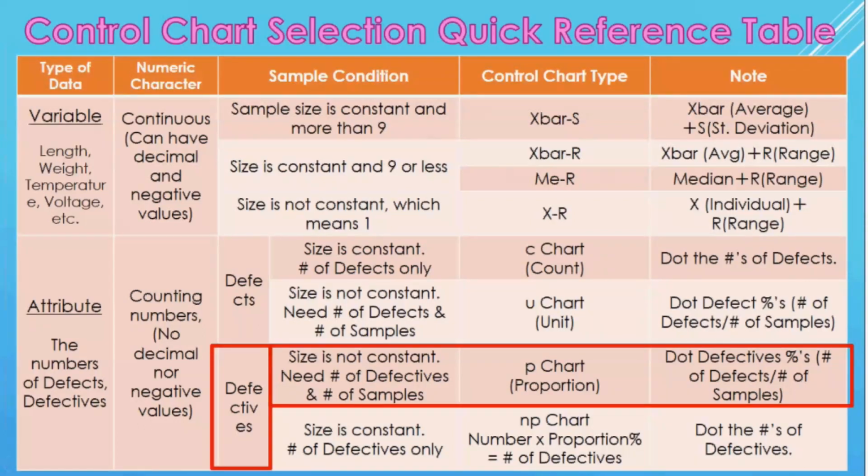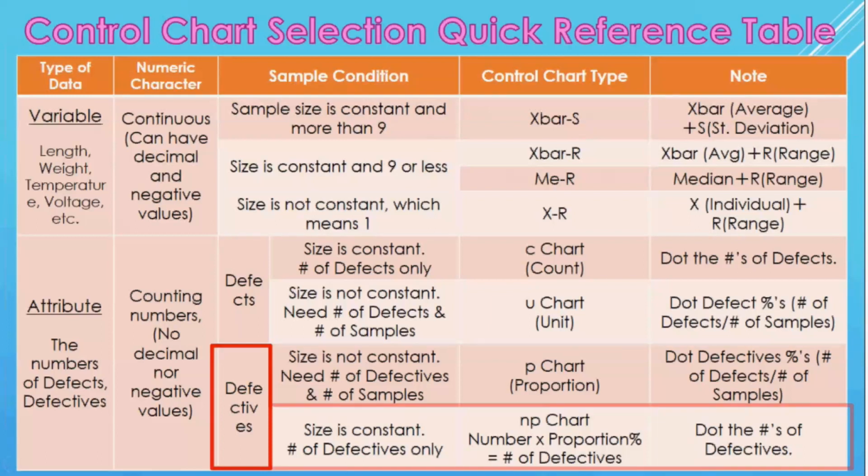Next is the case where you want to manage the number of defectives. Like the U chart, if you can't have the sample size consistent, record the number of defectives and the number of samples. Then use the P chart. P stands for proportion. You'll dot the defectives percentages, which are the number of defectives divided by the number of samples.